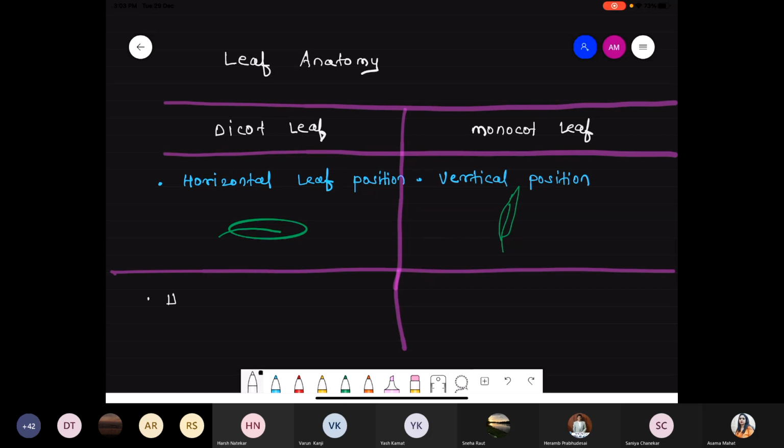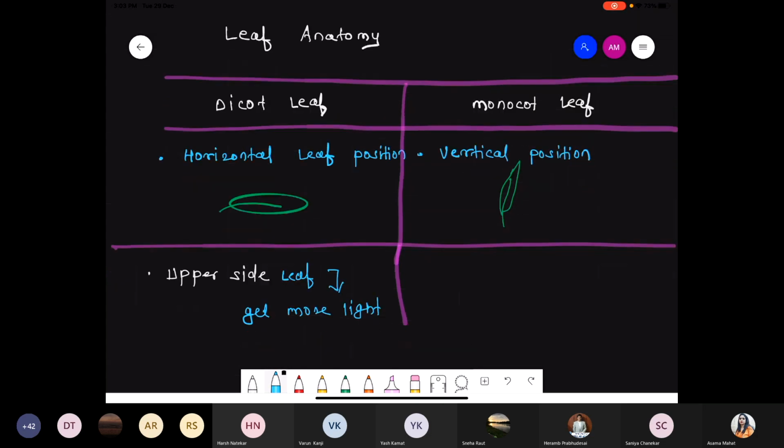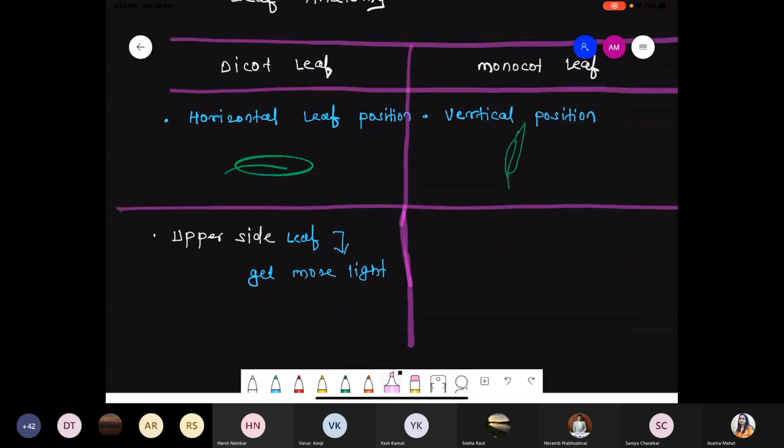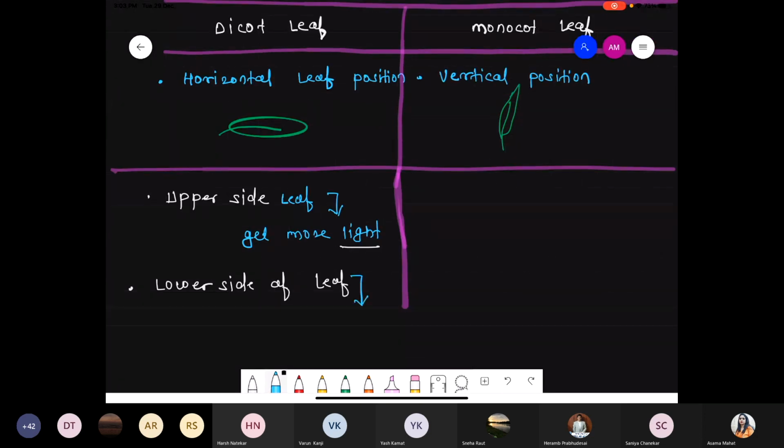Due to the horizontal position, the upper side of the leaf gets more light, obviously, because the surface area faces towards the light, so that area obtains more sunlight, while the lower side of the leaf gets less sunlight. Simple meaning, because the arrangement is horizontal.